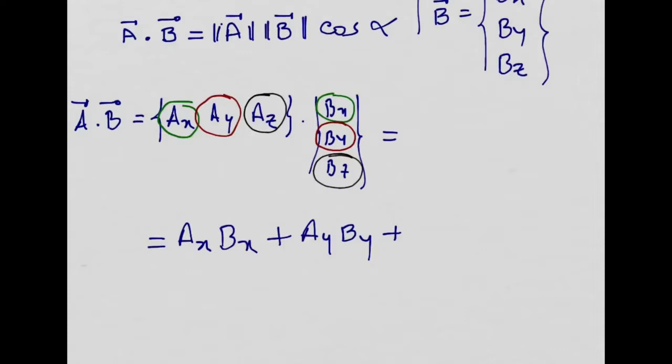You multiply AZ with BZ, and then you just add it here, AZ BZ, right?